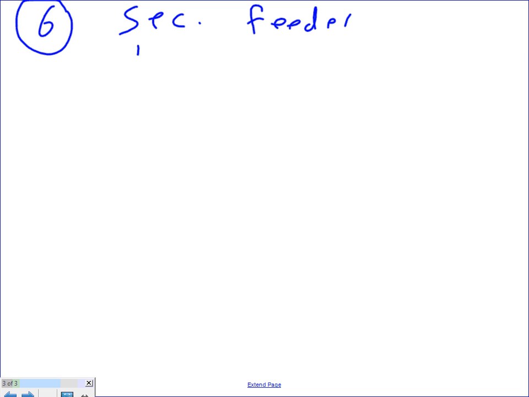Number 6 here, just so I don't get confused, I have the secondary feeder. Same thing, guys. We're going to take 1.25 multiplied by the secondary conductor. In this case, they're the same. What was the secondary conductor, Oladipo? My calculation is wrong here, I know.